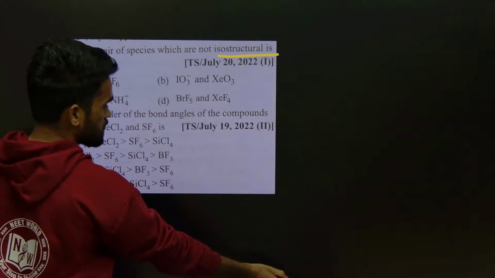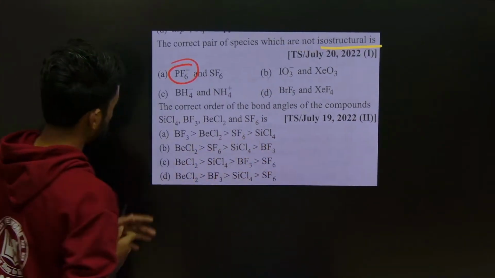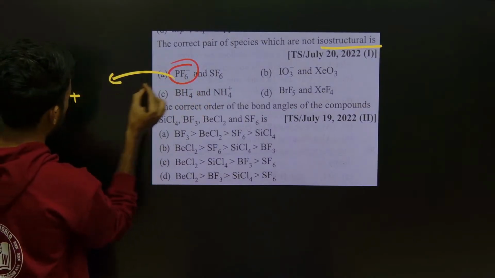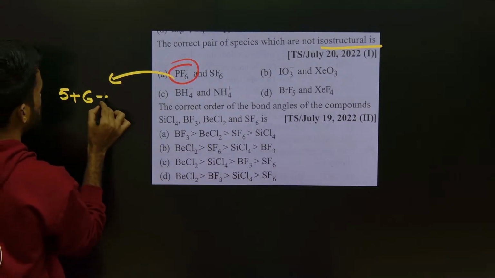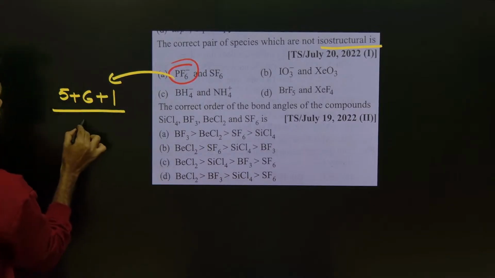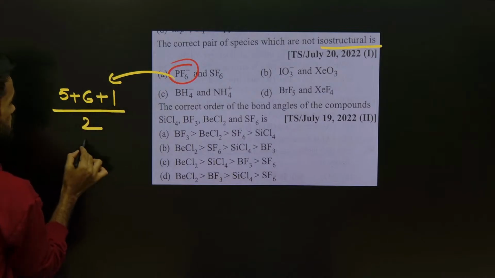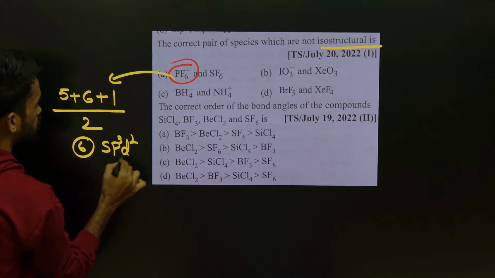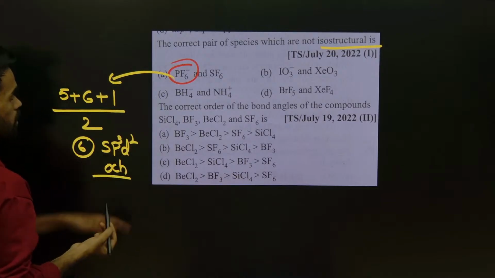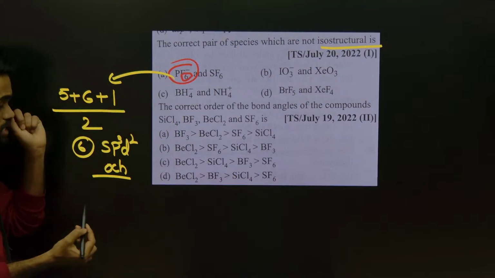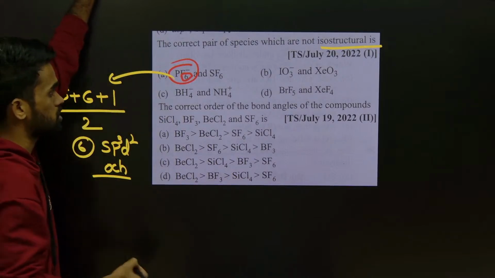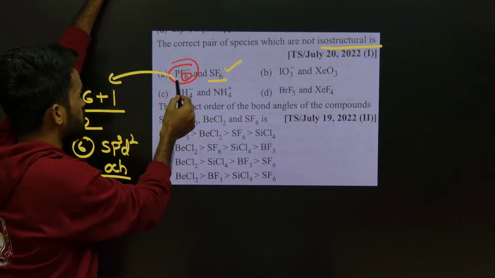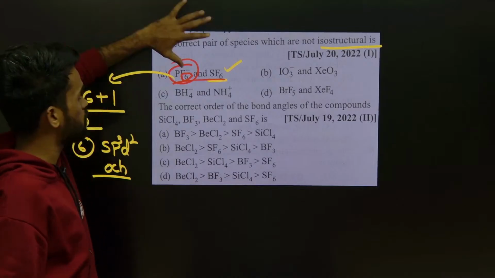Phosphorus is the central atom here, 15th group, 5 electrons, plus surrounding monovalent atoms are 6, and minus 1 charge is there, add that. You got 12 by 2, 6, 6 means we will get sp3d2 hybridization with octahedral geometry, having 6 valence electrons, 6 surrounding atoms, so octahedral structure. SF6 also has octahedral structure. So the first option is isostructural, both of them have the same structure.